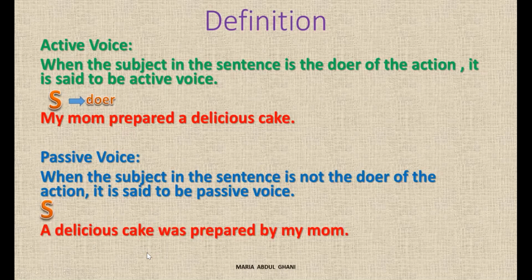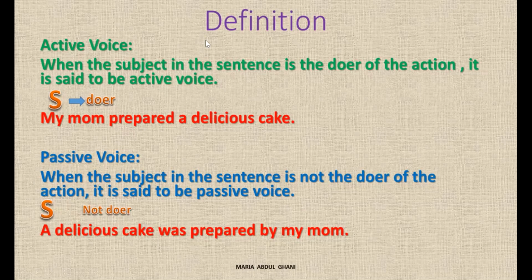Now, ask yourself, is a delicious cake the doer? Does the delicious cake prepare itself? No. So the subject here is not the doer. The doer is here at the end of the sentence. Subject is not the doer. When the subject is not the doer of the action, the sentence is said to be what? Passive. Passive voice. Okay.